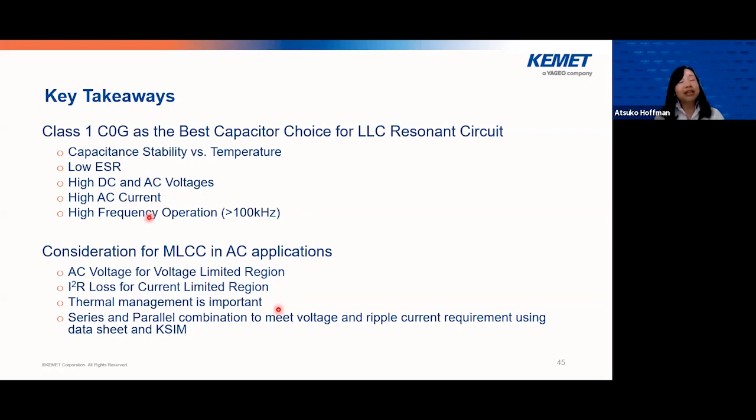The more heat you can take out of the MLCC, the more ripple current you can get out of it. There are series and parallel connections to meet your voltage, capacitance, and ripple current target, and you can determine the right capacitors using our data sheet and the KEMET tool.